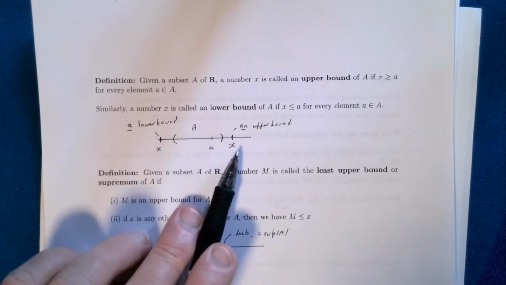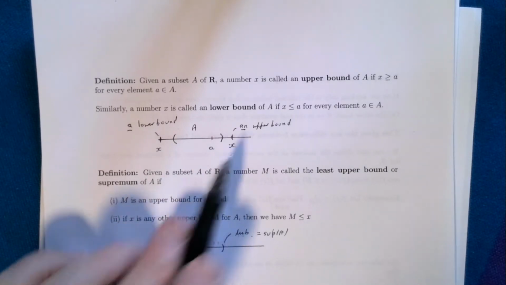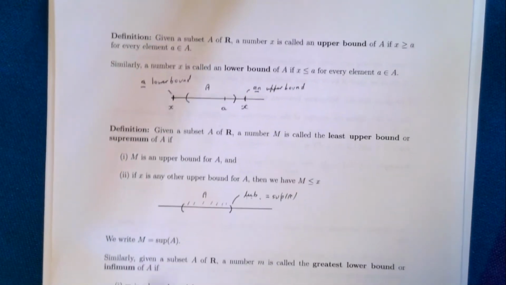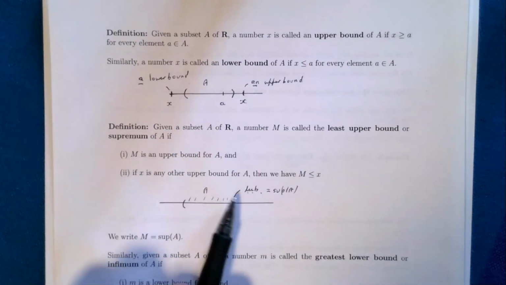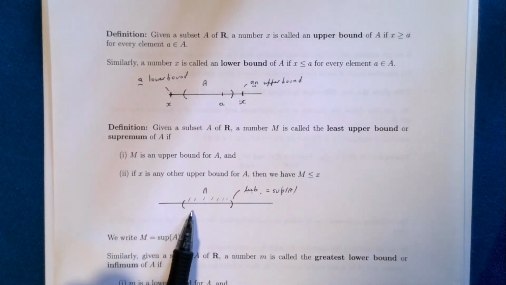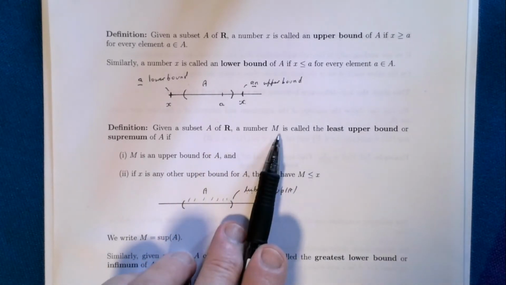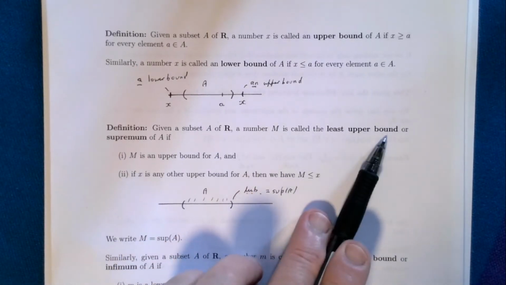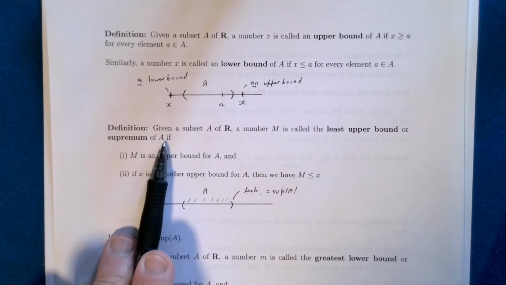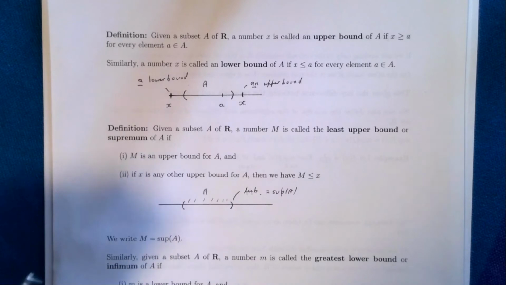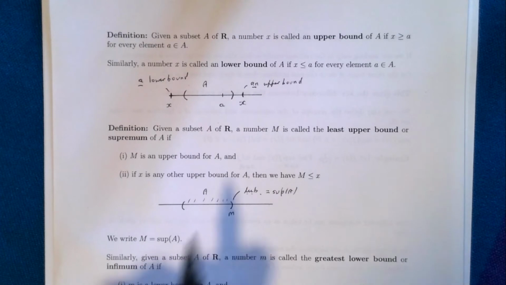Now, of course, we don't want just any old upper bound or any old lower bound. We really want to talk about a least upper bound or a greatest lower bound, this supremum that I mentioned before. So again, it's easy to think of it in terms of open intervals here. Given a subset A, a number M is called the least upper bound, or the supremum is the fancy name we're going to use, of A if M is an upper bound for A. We think of M as being this point here, which is not in the set.